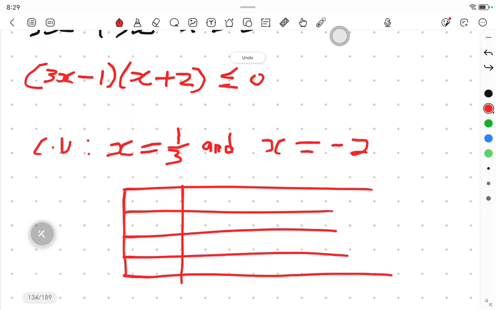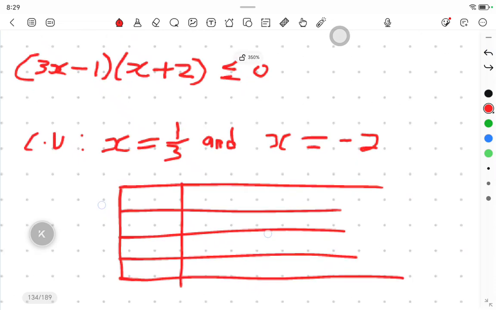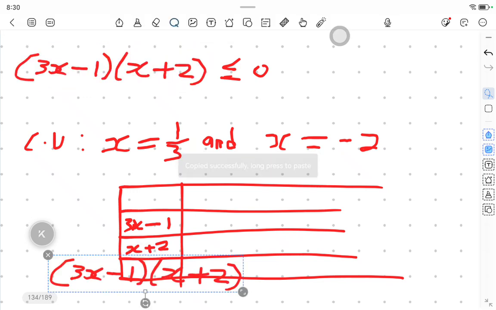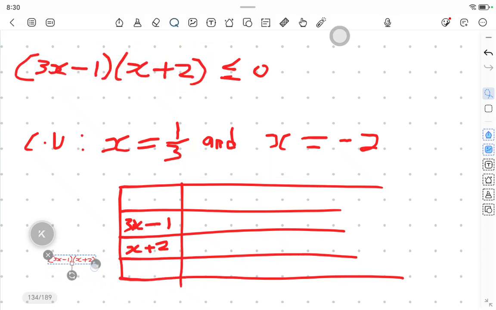Then here I'm going to write 3x minus 1. Here I'm going to write x plus 2. Then here I'm going to combine them.